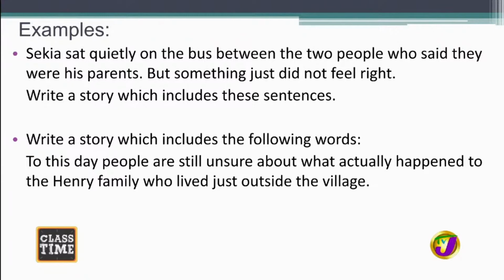Who are the Henry family? Who are the members of the Henry family? What did they do? Why is it that people are wondering about them? So you create the scenario where this mystery is going to come to light and include in there what it is that they have done that people have to be guessing about them.